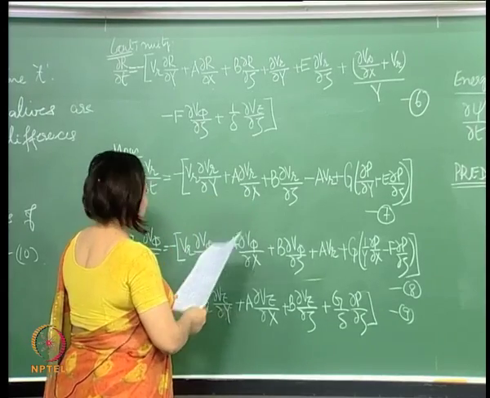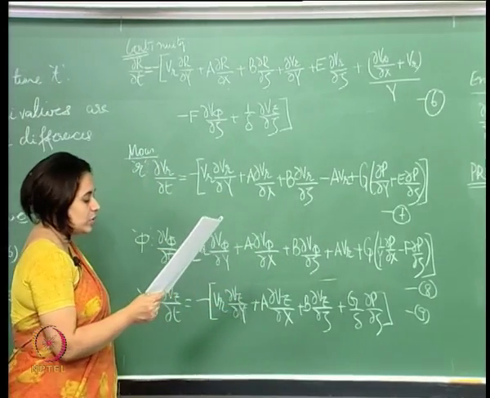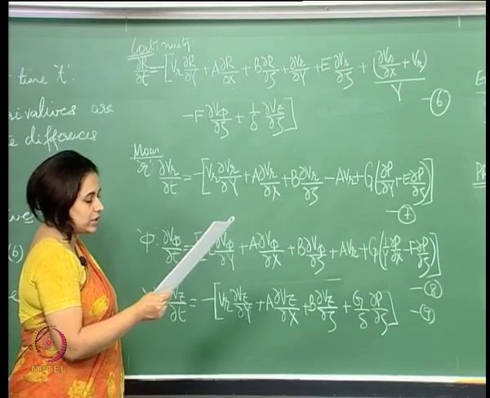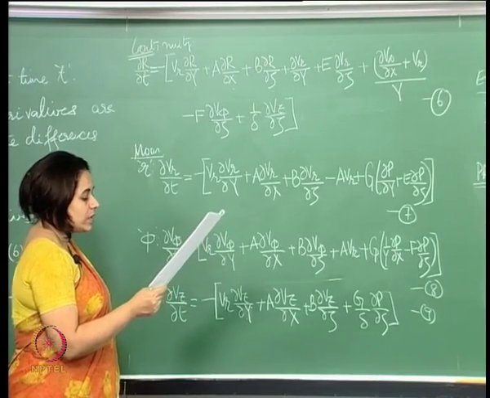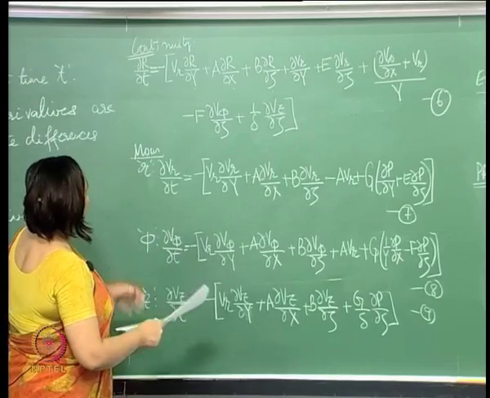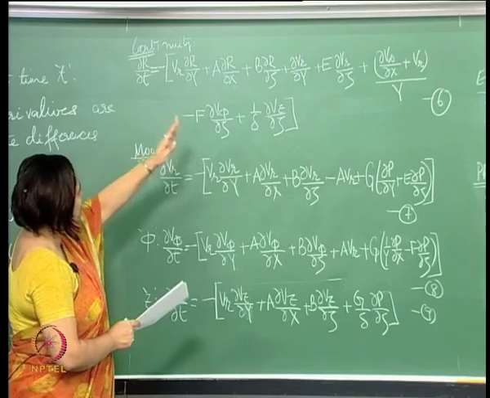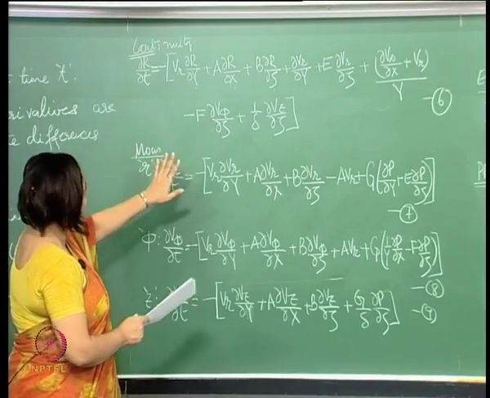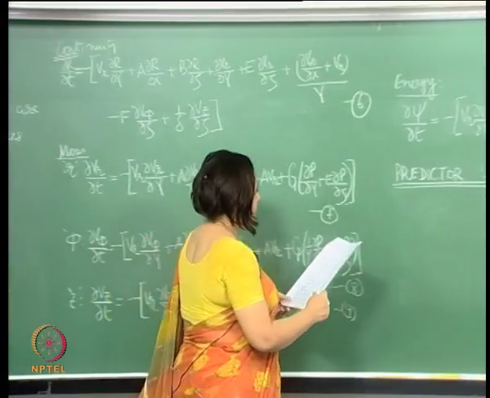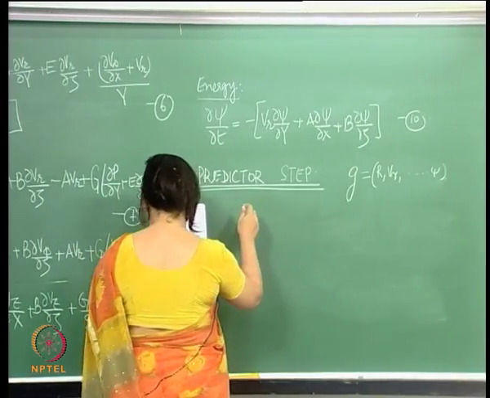we will calculate this del G del T using forward differences in space on the right hand side. Let me write that down.